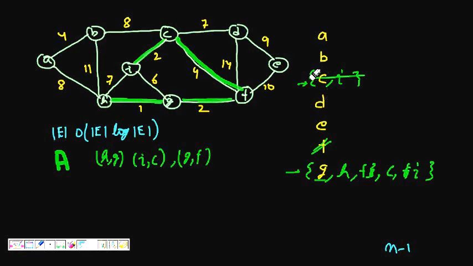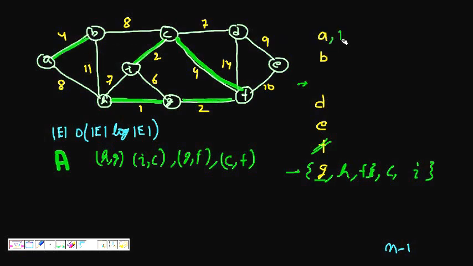So let's clean it up a little bit. Now CF is included, and then we can take AB also. A and B are in different sets, so I can join AB.